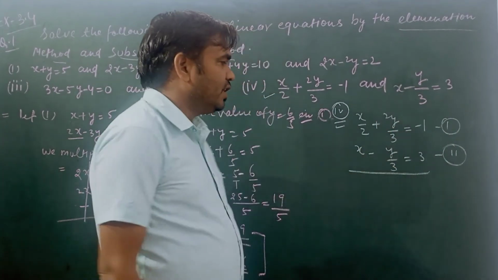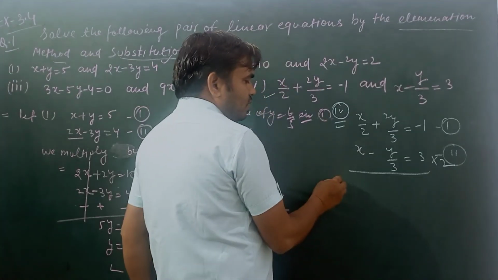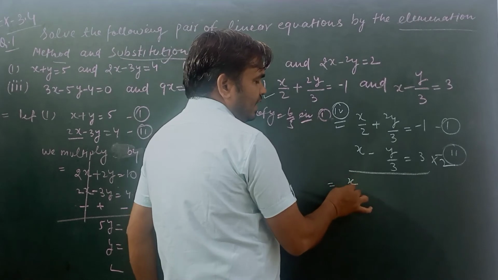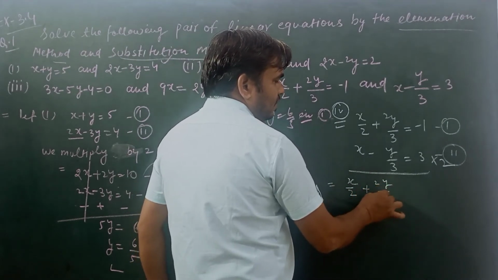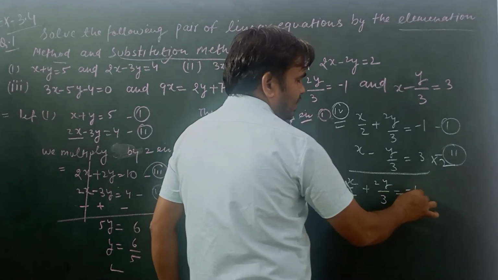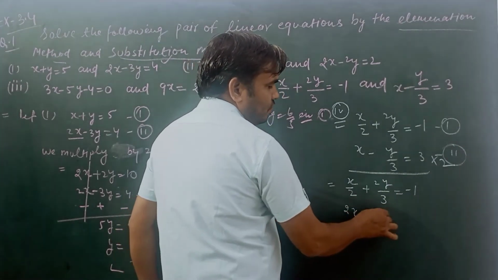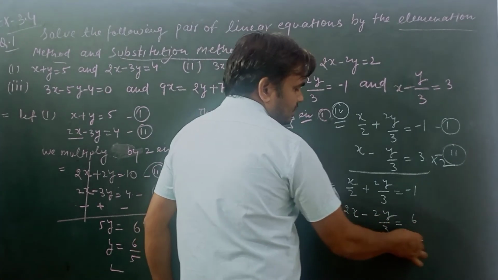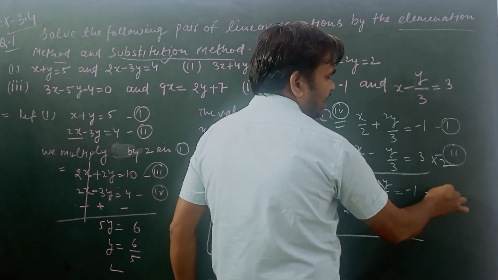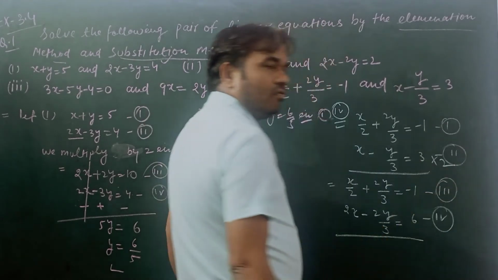So we multiply the second equation by 2. We get x over 2 plus 2y over 3 equal to minus 1, and 2x minus 2y over 3 equal to 6. This is equation 3 and this is equation 4.